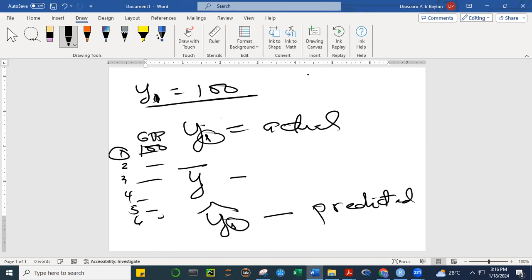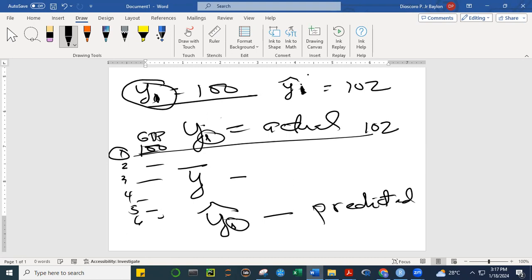That's the actual value. In this case, GDP. Tapos kunyari, predict natin na ang GDP is, for this particular row of observation, ang predicted value ni GDP is 102. So, ang y hat sub 1 mo class, sub 1 is 102.